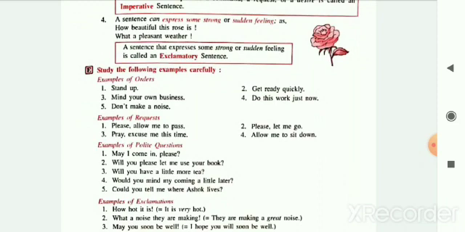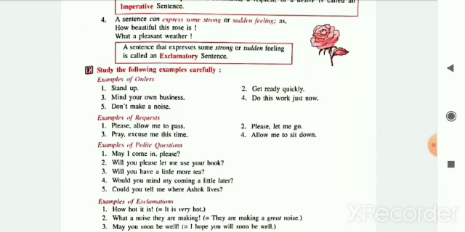Like if I say, hooray, we won the match, I can put the exclamatory mark after hooray also. And if I say, what a beautiful girl, here I put an exclamatory mark after the sentence gets completed. I hope you have understood.